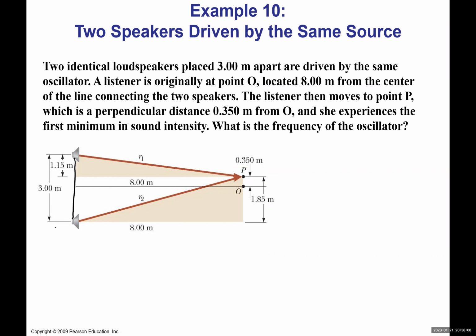A listener is originally at point O, located 8 meters from the center of the line connecting the two speakers. The listener then moves to point P, a perpendicular distance of 0.35 meters from position O, and she experiences the first minimum in sound intensity. What is the frequency of the oscillator?